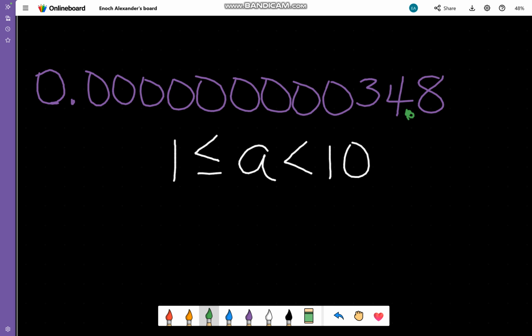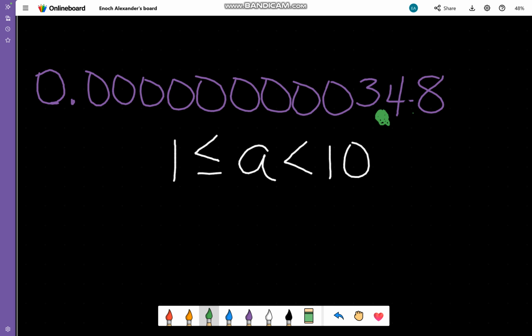Remember, the rule says that in scientific notation, the coefficient needs to be greater than or equal to 1, but less than 10. So I don't want to put the decimal point behind the 4. I don't want to put it behind the 8. I want to put it in between the 3 and the 4, so it can follow the rules of scientific notation.